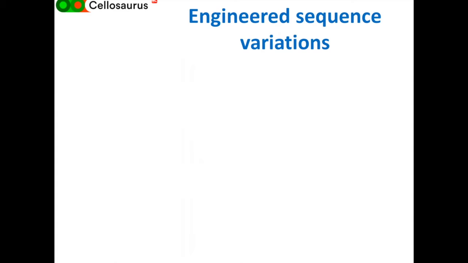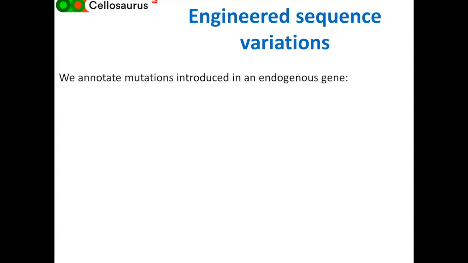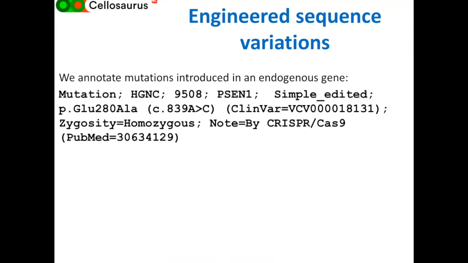We also include inside the annotations engineered sequence variation, because more and more people are using CRISPR-Cas9, introducing mutations, for example, in pluripotent stem cells or in embryonic stem cells, to provide cell lines which have mutations found in patients suffering from rare disease.